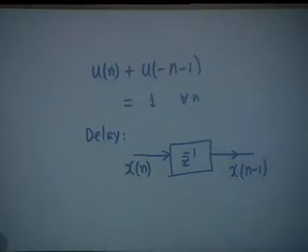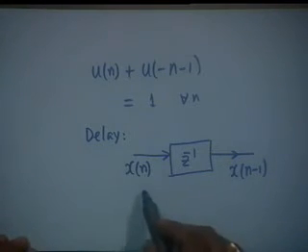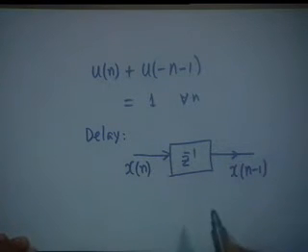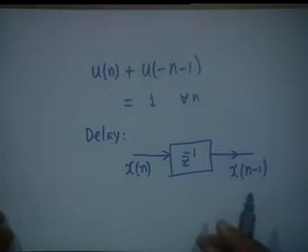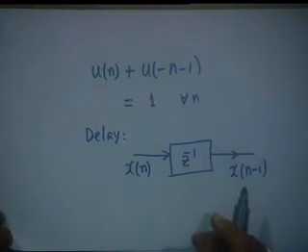In terms of software, it means retrieving the immediate past sample. The immediate past sample is stored somewhere. If you require x of n minus 1, you retrieve it, you bring it back. This process is symbolically represented by a block whose transfer function is Z inverse.